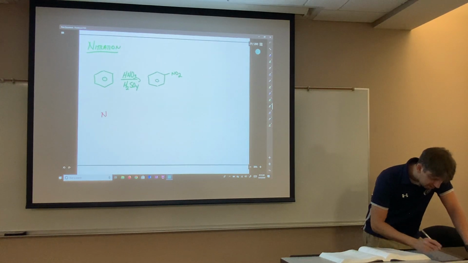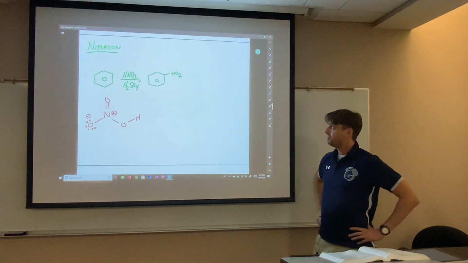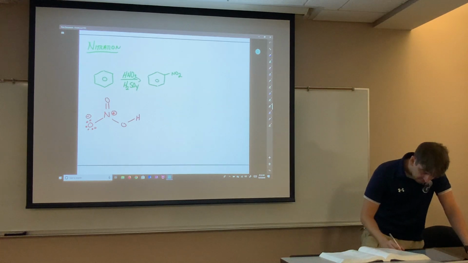So here's our buddy. We're going to generate our electrophile first. There's our buddy nitric acid. Let's bring in sulfuric acid.